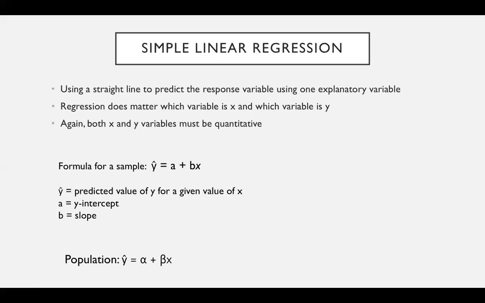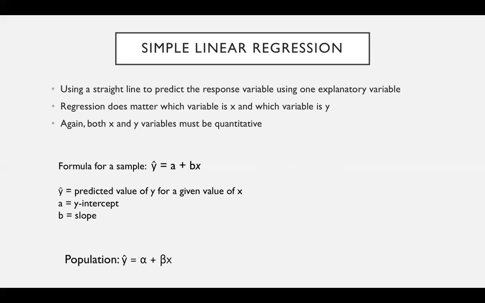Okay, so simple linear regression is when you use a straight line to predict the response variable when you use one explanatory variable. This is expressed using the formula y equals a plus bx. If you've seen algebra before, it's similar to y equals mx plus b.